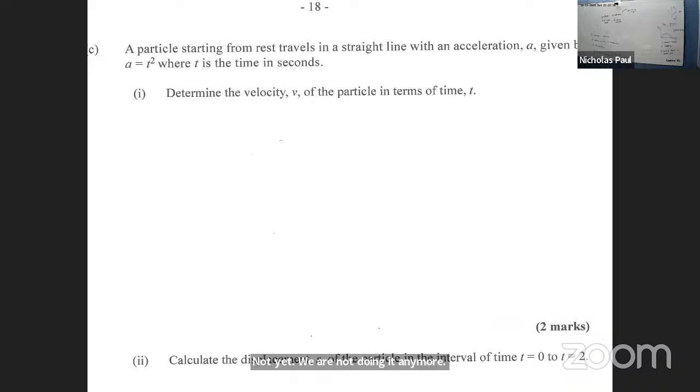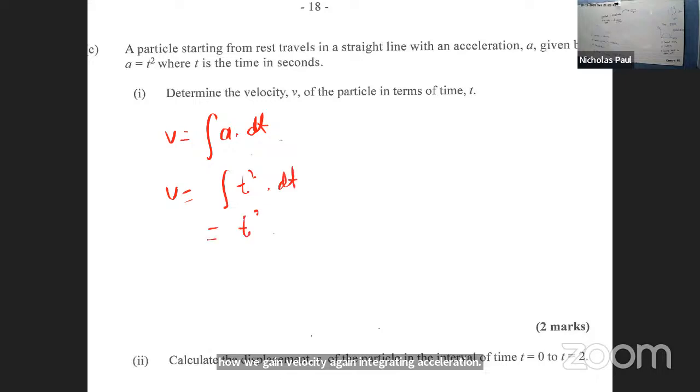Alright, so quick review. How are we getting velocity again? Integrating acceleration. So when you integrate t squared, you will get t cubed over 3, plus c. We have a slight problem. How are we getting rid of c? It starts at rest. What does at rest mean? At rest means that when t is 0, v is 0.